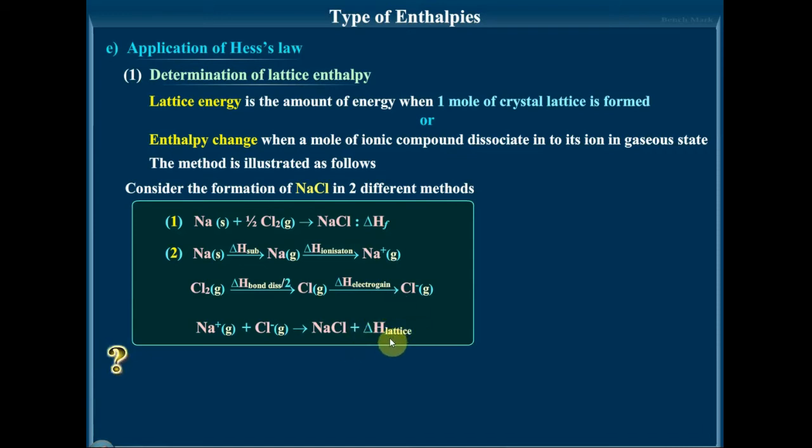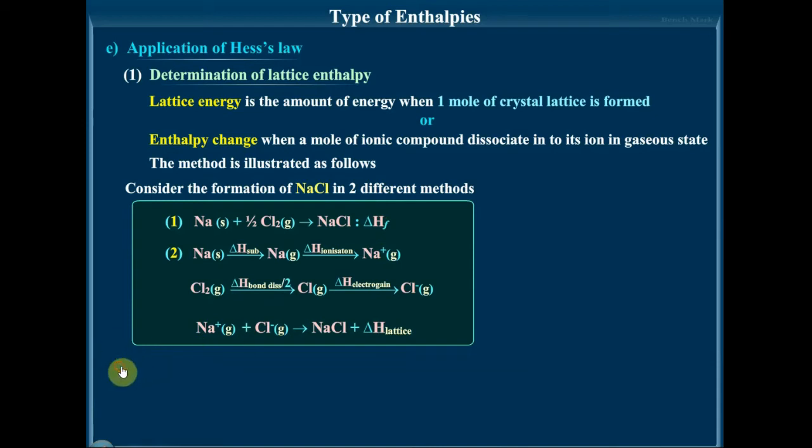So, repeating it once again, this first equation can be considered to be formed by these many steps. That is delta H sublimation, plus delta H ionization, plus delta H bond dissociation enthalpy, plus delta H electron gain enthalpy, plus delta H lattice enthalpy would be equal to this delta H formation of NaCl. And this is the Hess law that we have stated earlier.